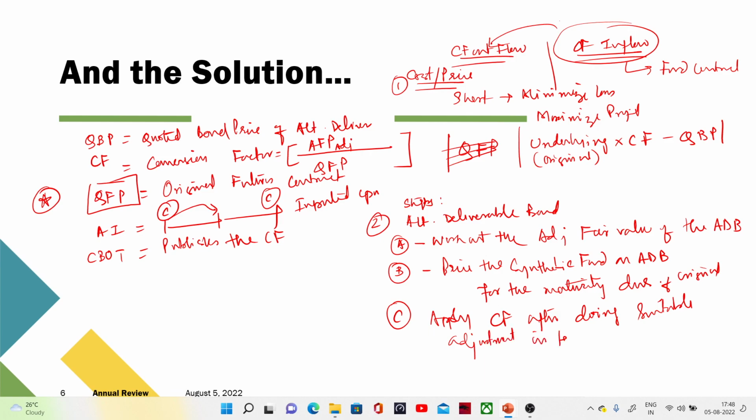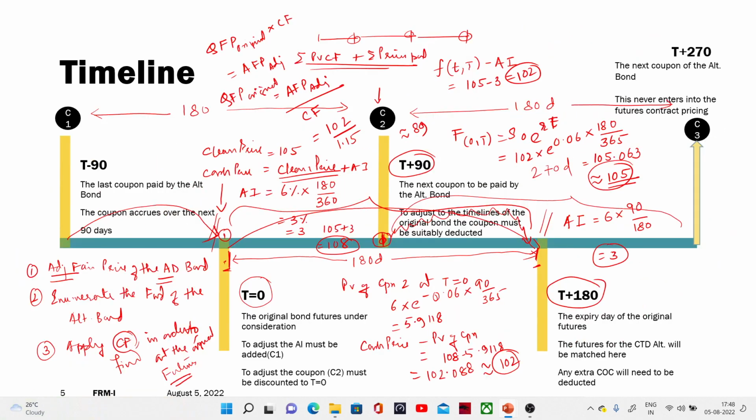Remember, in the last thing, as I said, we were in between two coupon periods as far as the alternate deliverable bond is concerned. Also, you must understand that though I have said C3 plays no role in this contract, because our contract is between t equal to 0 and t equal to 180, wherein C3 happens to be at t equal to 270, which is beyond the purview of the contract itself.